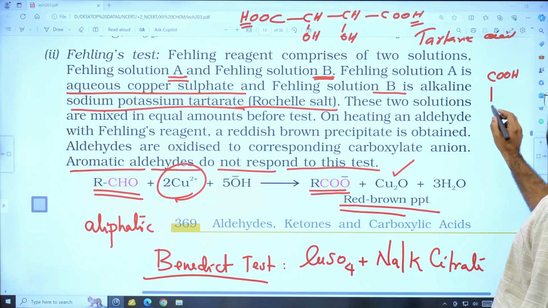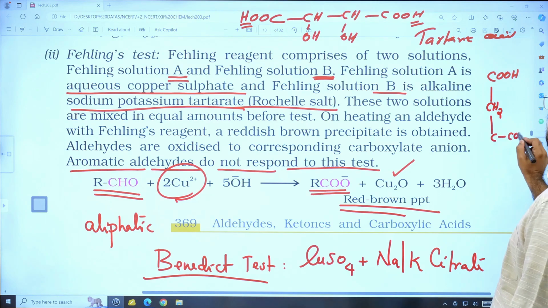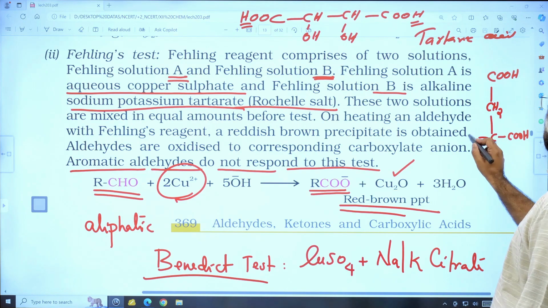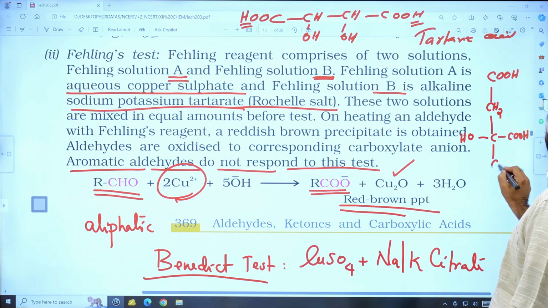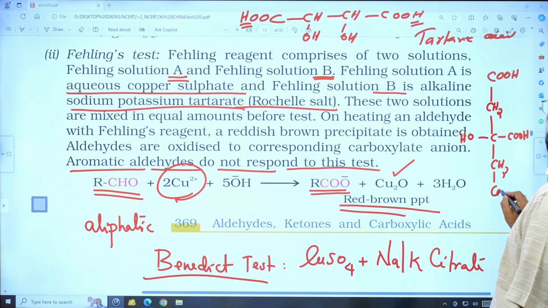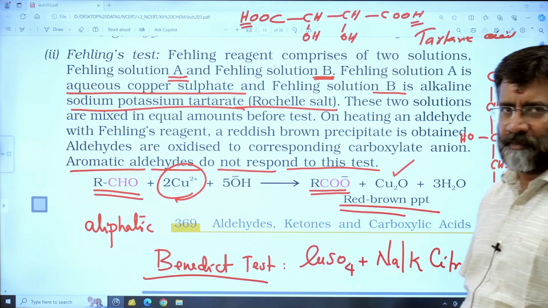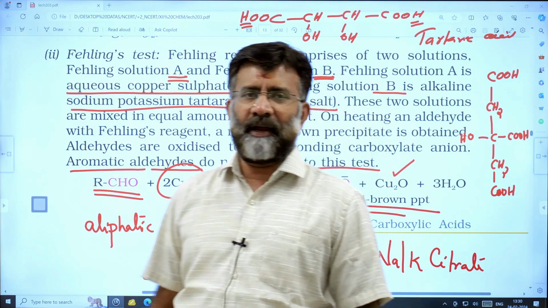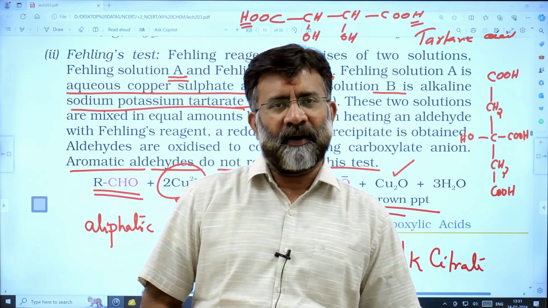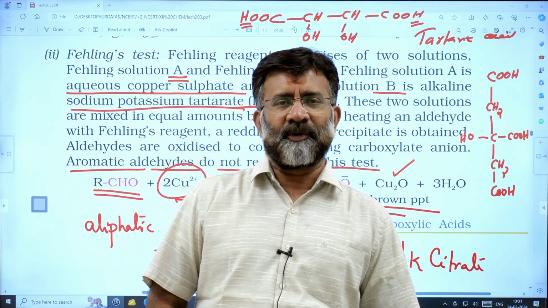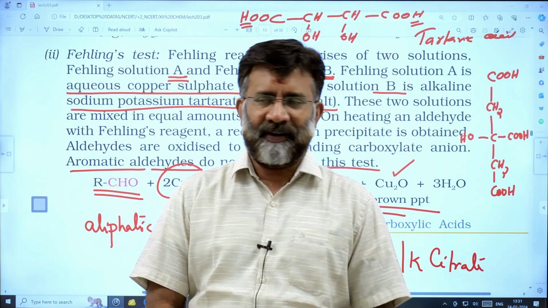This is citric acid: COOH, CH2, C(OH)COOH, CH2, COOH. It is 2-hydroxypropane-1,2,3-tricarboxylic acid. What is tartaric acid?